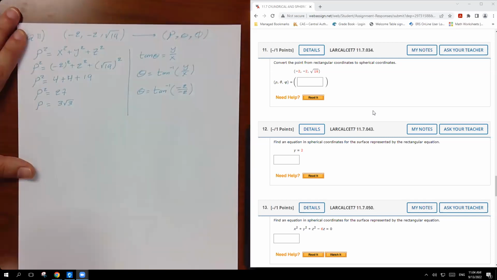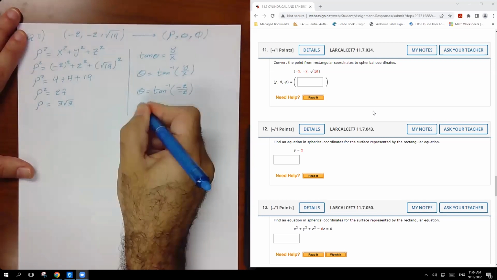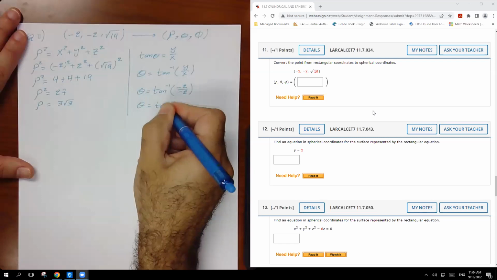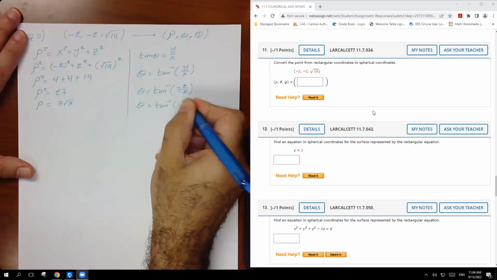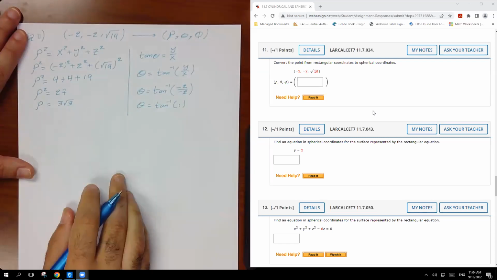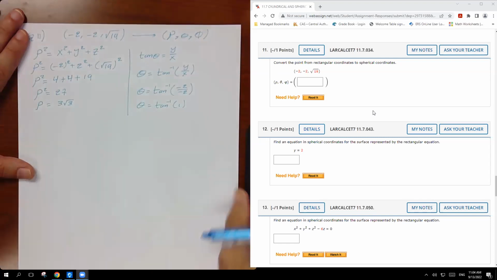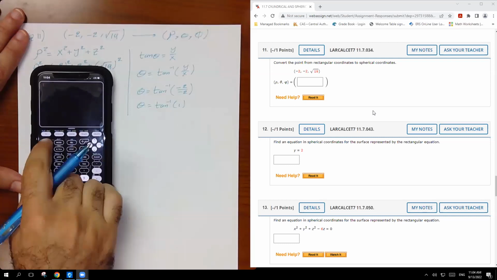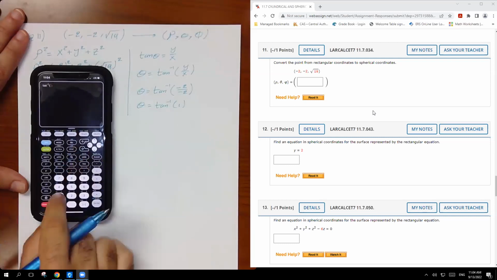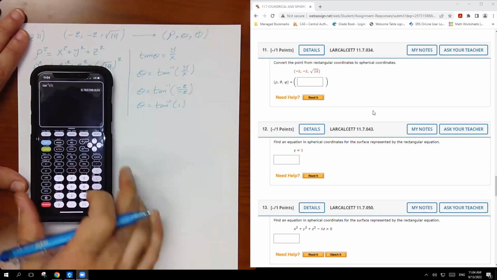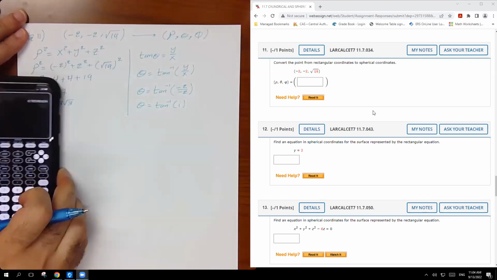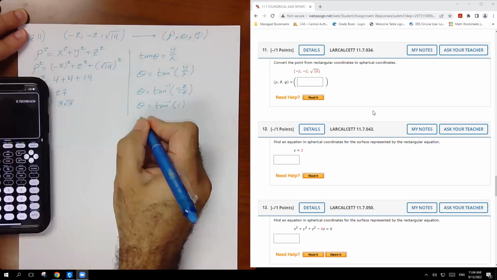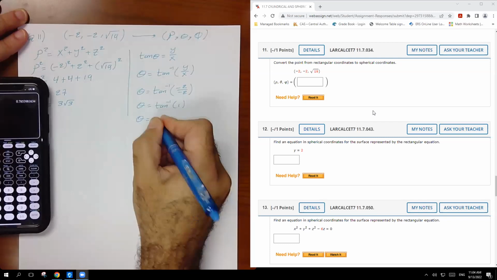That means theta is tangent inverse of 1. Let's check how much that's going to be. The tangent inverse of 1 is going to be this number. That's the important thing.